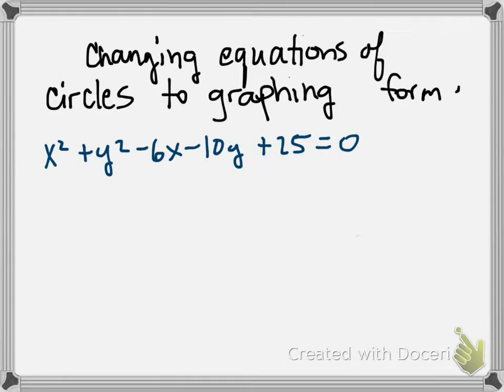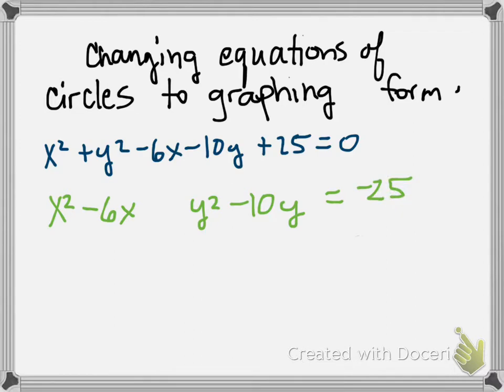What we want to do is gather up the x terms and gather up the y terms together. So I'm rearranging this, and on the other side I'll put the constant term. Should leave a little more space here. Let me fix that. We're leaving spaces because we're going to complete each part of this.